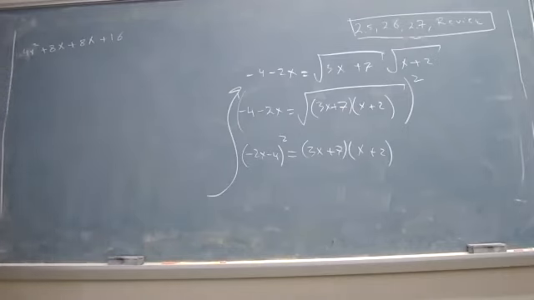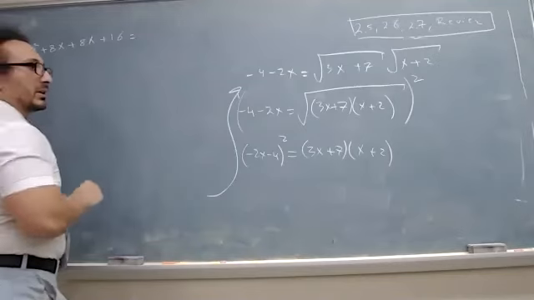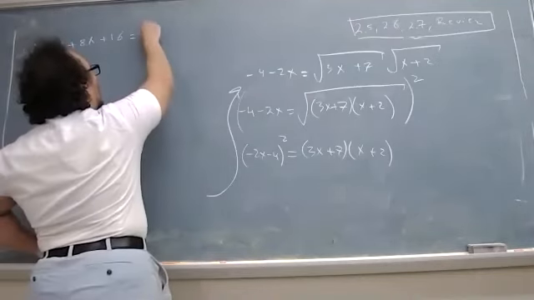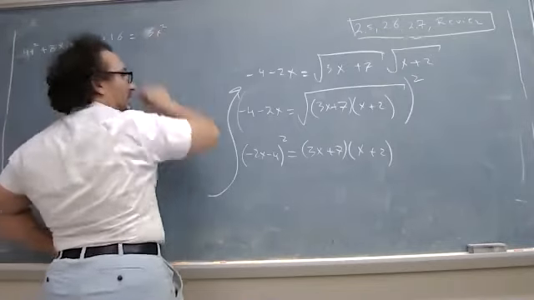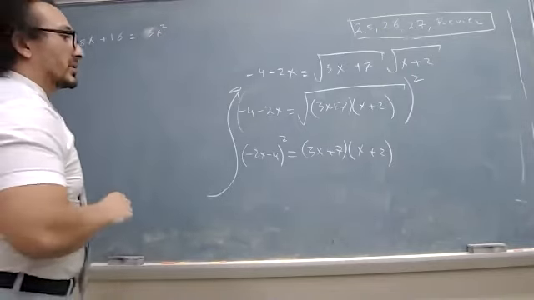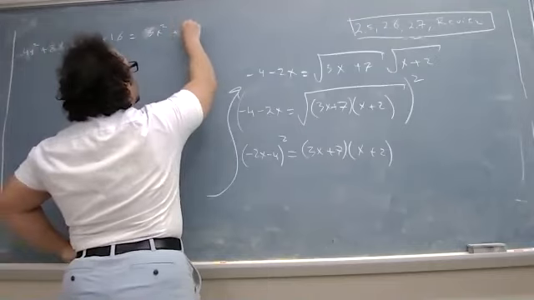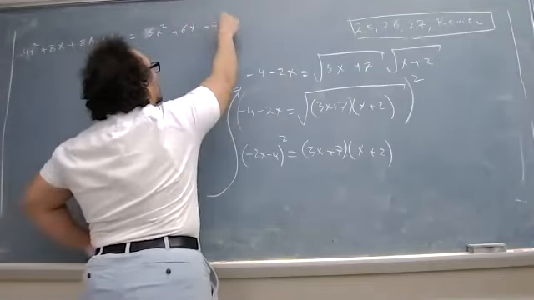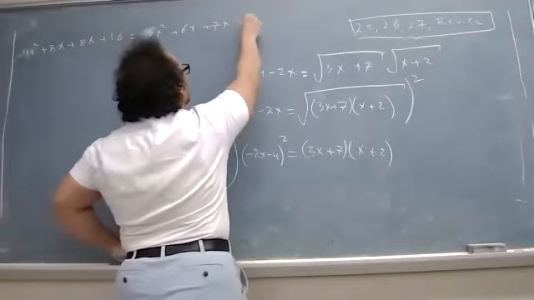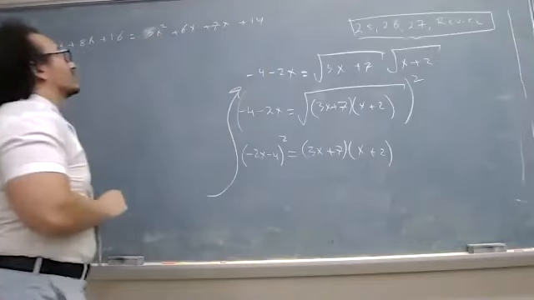Okay. Then over here, 3x times x is 3x squared. 3x times 2 is 6x. 7 times x is 7x. 7 times 2 is 14.